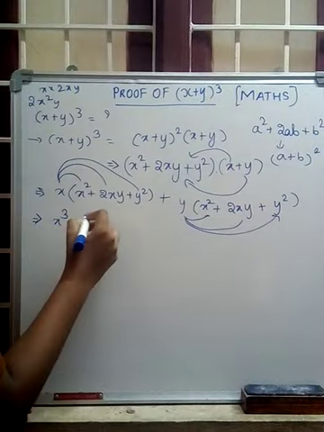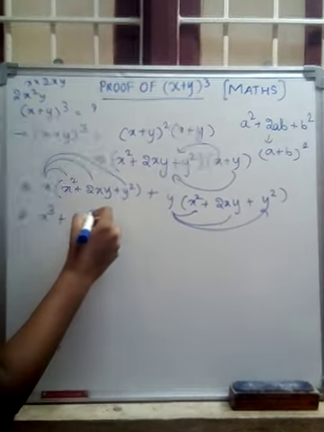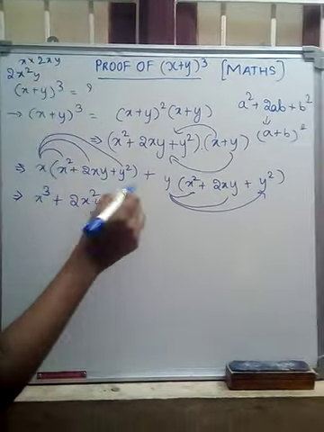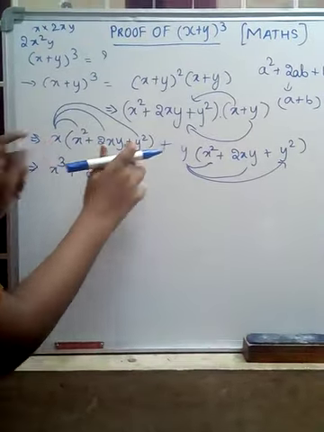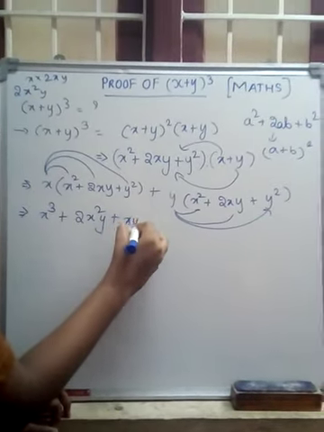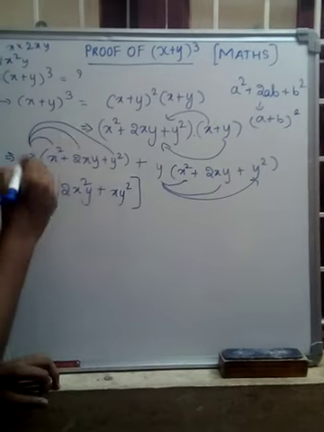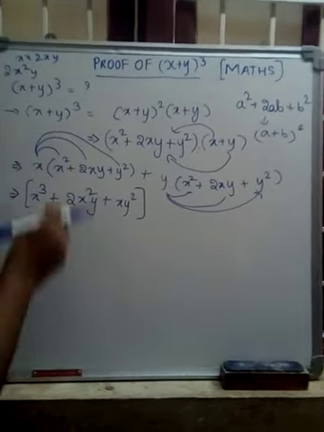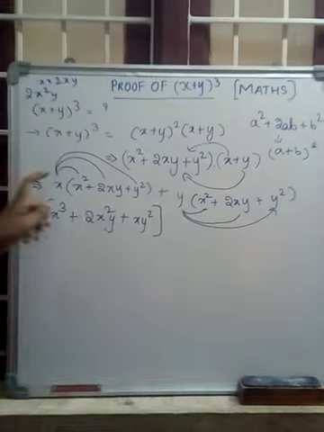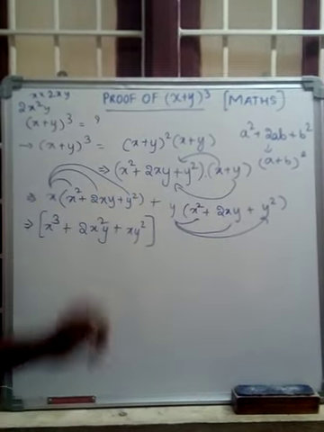So x cube plus 2x square y, plus sign is there, so plus, and the next x into y square, the last term, x y square. This is the step that we got when we multiplied x into x square plus 2xy plus y square.